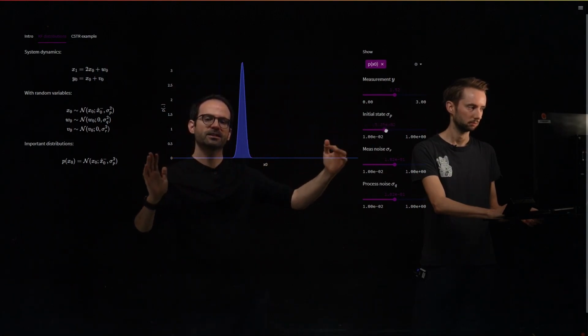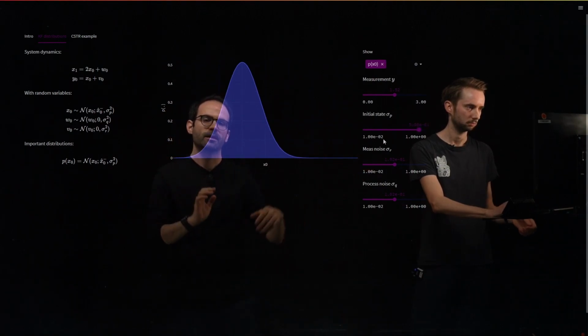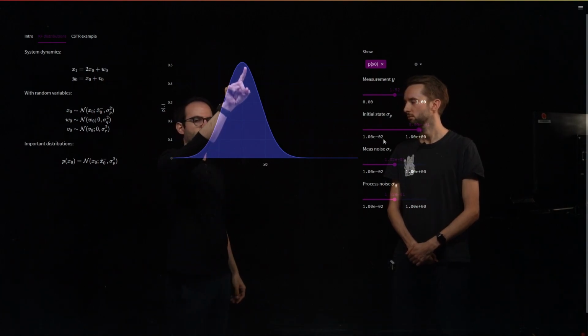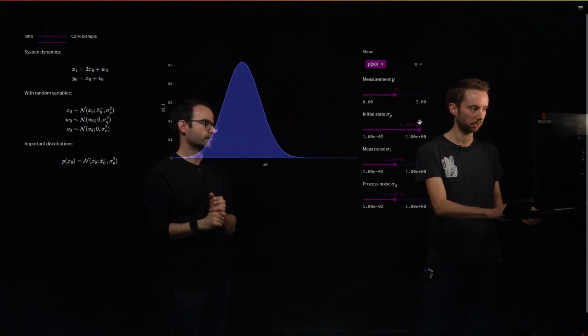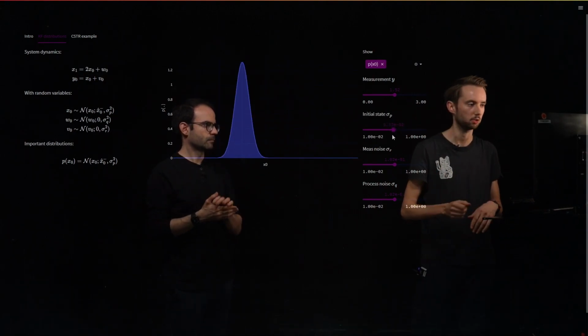And if we make the variance larger, this distribution gets broader and broader. This basically means that we are not so sure that our estimate is actually here. Right. So this is the first important distribution that we have to look at in the context of Kalman filtering, putting it back to a measure of uncertainty.